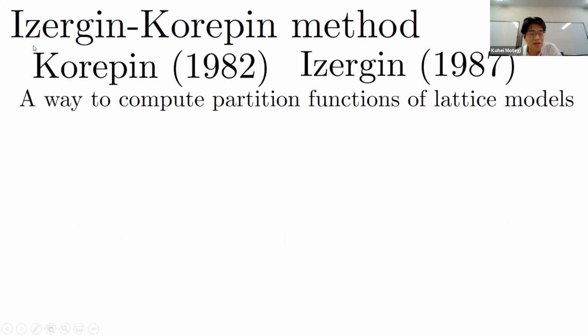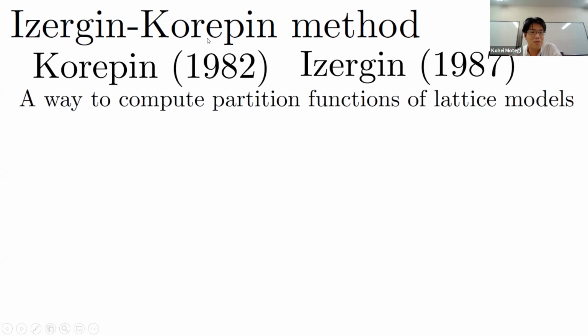This method has its origin in two papers. The first one is by Professor Korepin, who was my boss when I was doing a postdoc at an institute in Brazil for a couple of months, and also a subsequent paper by Izergin.